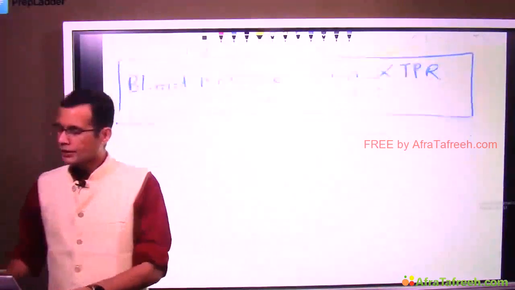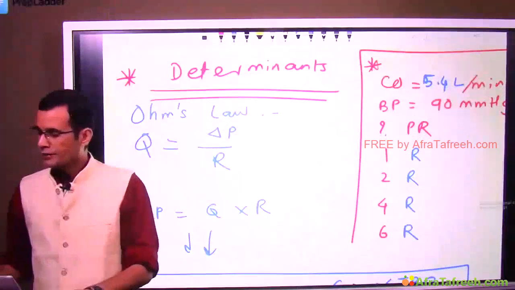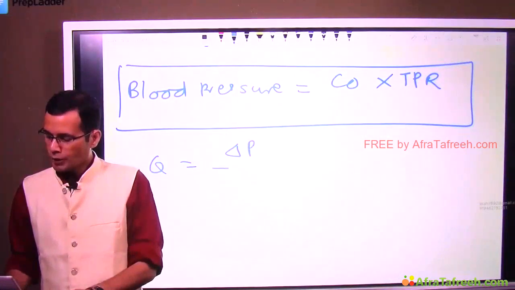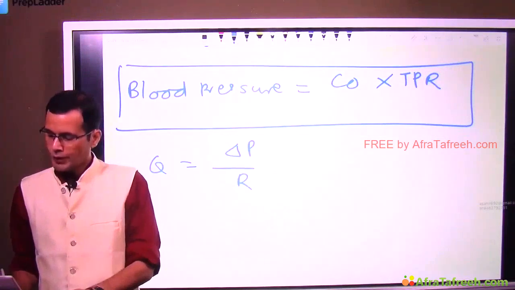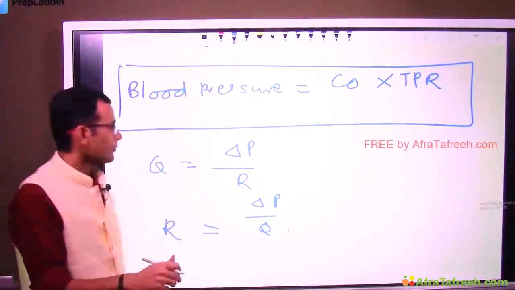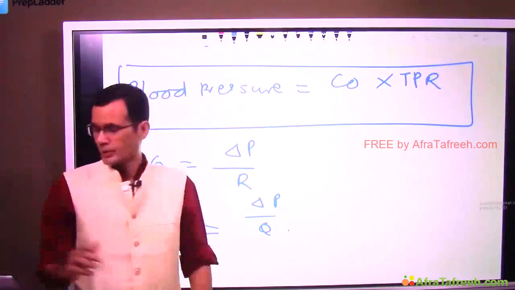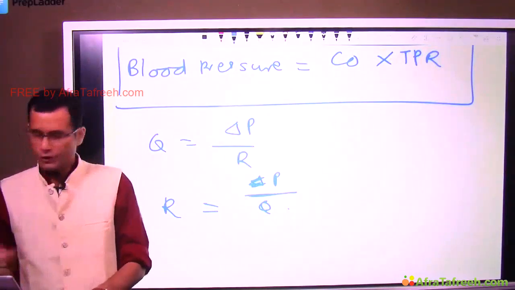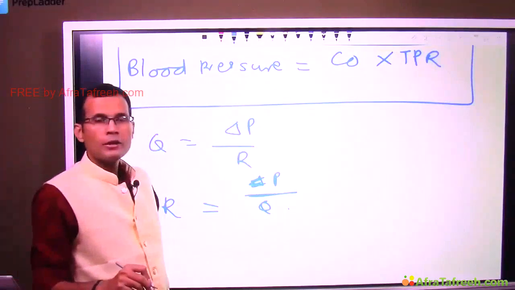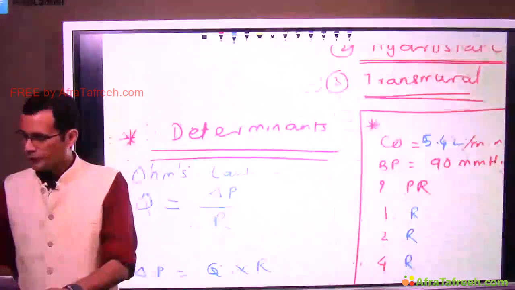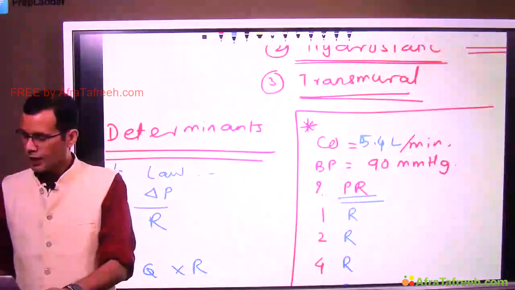Let's come to the question that we had. Q is equal to delta P upon R. So that means R is equal to delta P upon Q. Okay, or R is equal to pressure upon Q. So we are now calculating the resistance part. Peripheral resistance was asked.